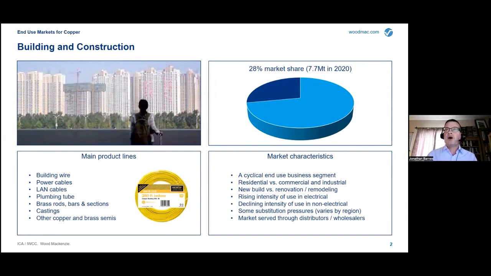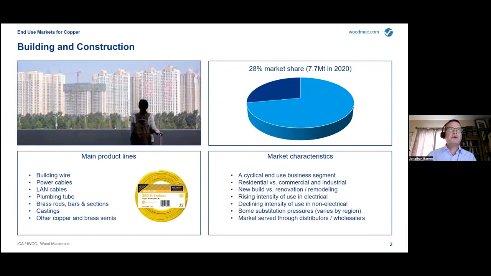Top right, you'll have a pie, and all these pies refer to the global market data for 2020, giving a share of its global importance and some metrics in terms of demand in terms of million tons. Unfortunately, this is 2020 data. We won't have the 21 data for some time. And then lastly, the bottom right slide, some characteristics of the market.